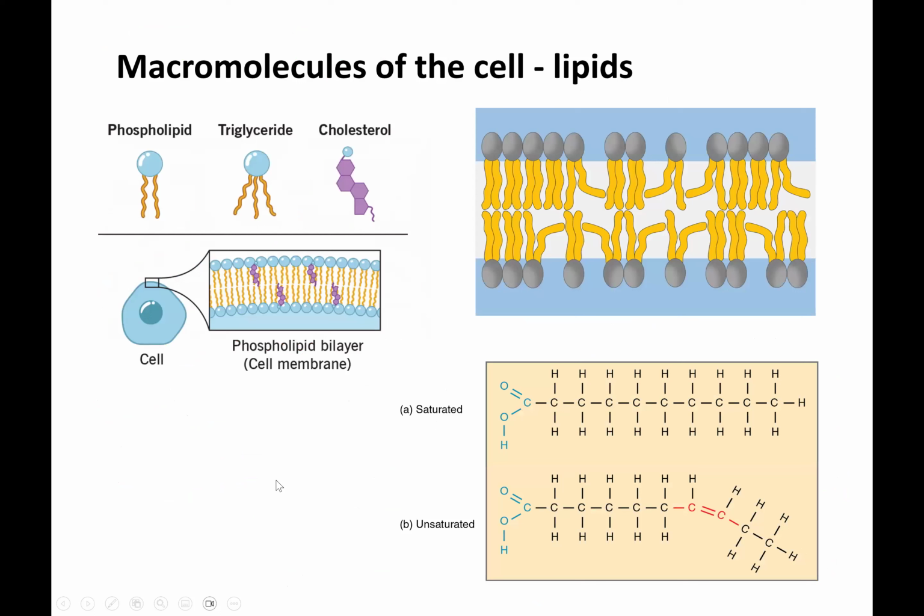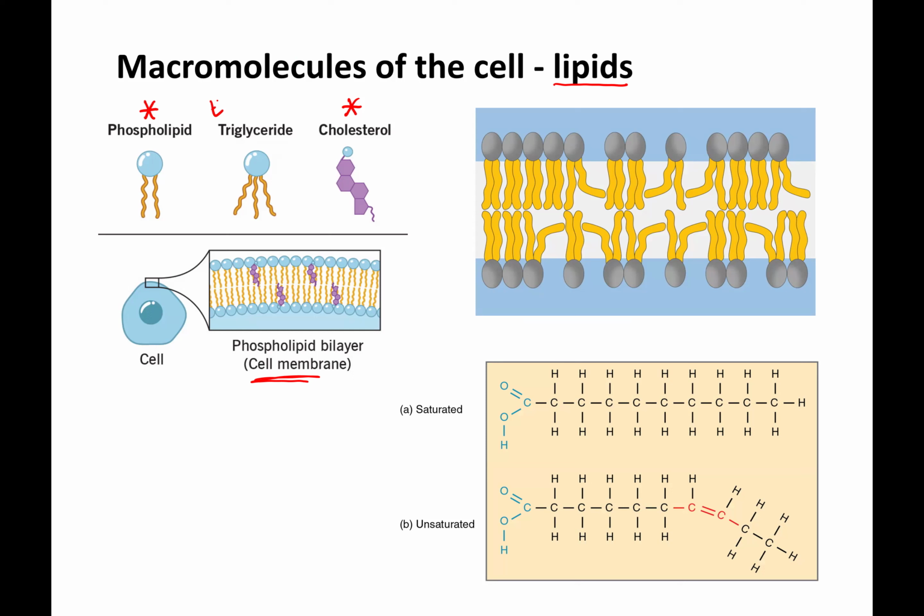Lipids are the other macromolecule that we're really just touching on this semester, but we will talk about membranes and fluidity of membranes. So the most important macromolecules for lipids that I want you to know is to remind you about phospholipids and cholesterol, because these are important in the cell membrane.